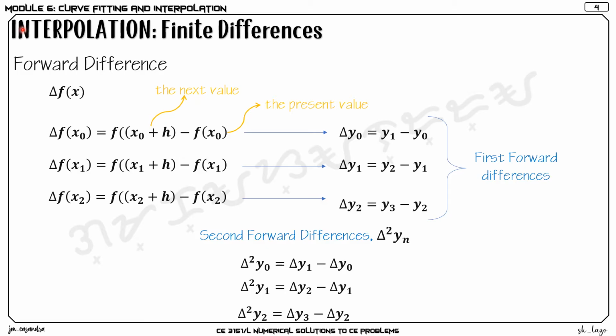So if we're going to get the third forward difference, that would simply be the difference of the previous differences.